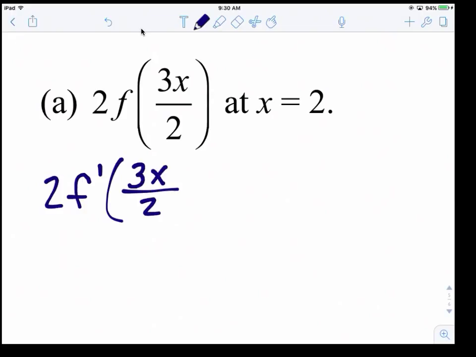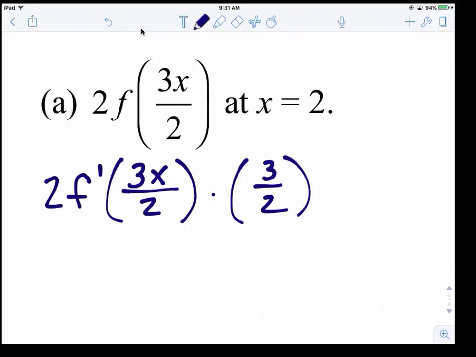Right. But it's a function now. Derivative, times the derivative of the inside part, which is over 2. F is a function, like an entire function.